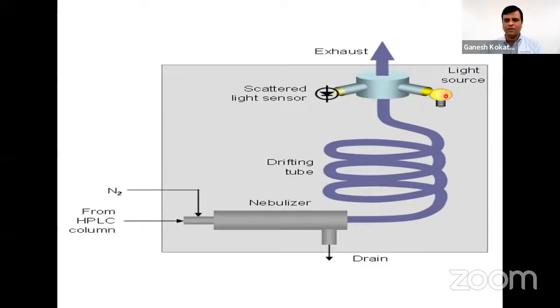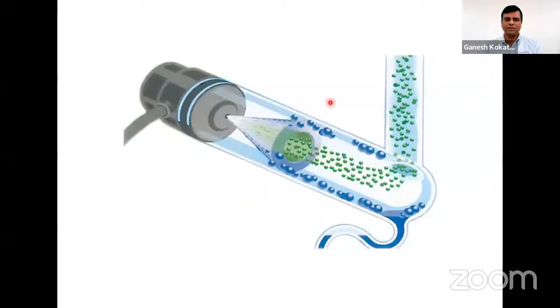Over here, a light source is applied, and depending on the targeted molecule, the light gets scattered, and that scattered angle is measured in the ELSD. So that's why it's called an evaporative light scattering detector. What happens actually inside the ELSD?